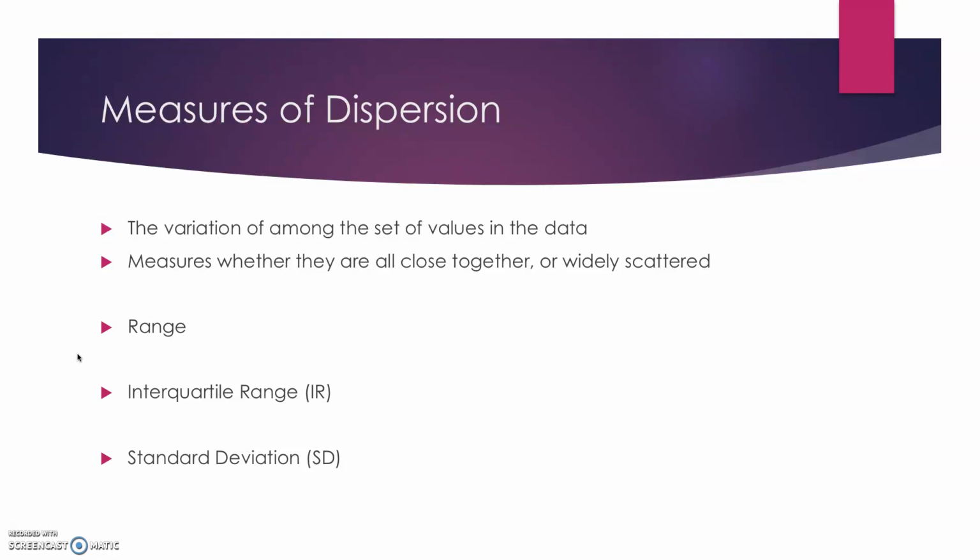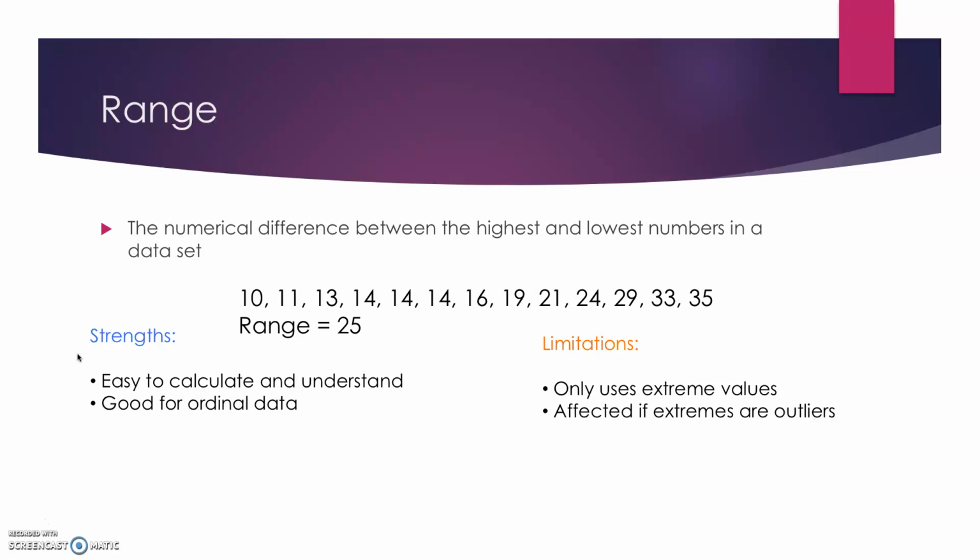Now we move on to measures of dispersion, which consists of the range, the interquartile range, and standard deviation. So first of all, we have the range. This is the difference between the highest value and the lowest value in a data set. So for example, in this set of data, the range is 25 because the highest value is 35 and the lowest is 10. 35 minus 10 is 25.